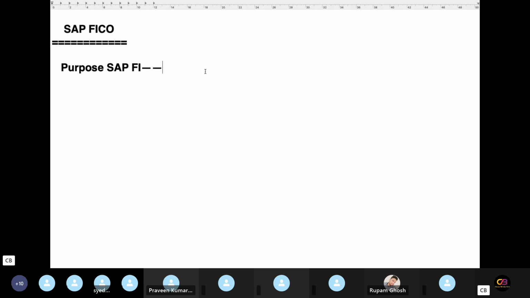See, SAP FI main purpose is to record day-to-day transactions. Correct. This is the end result. SAP main purpose is external reporting.